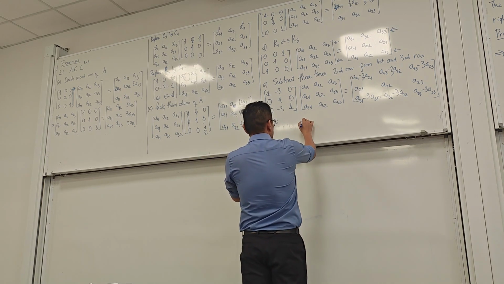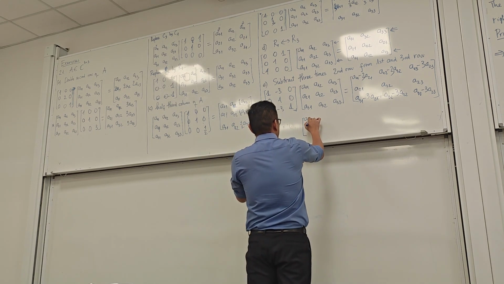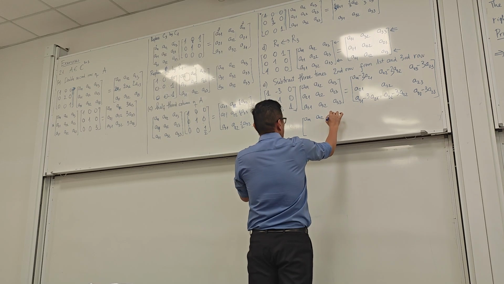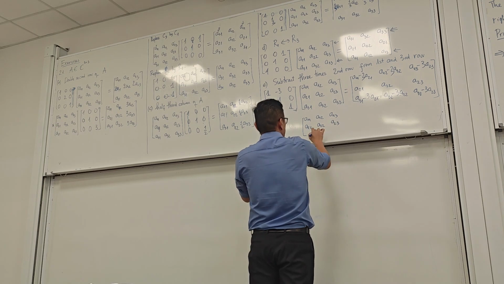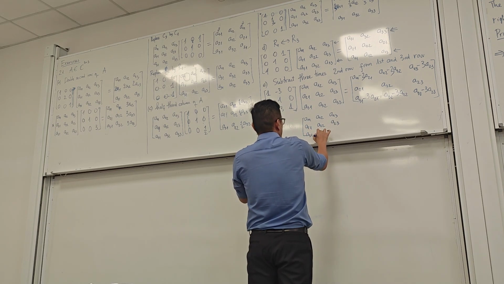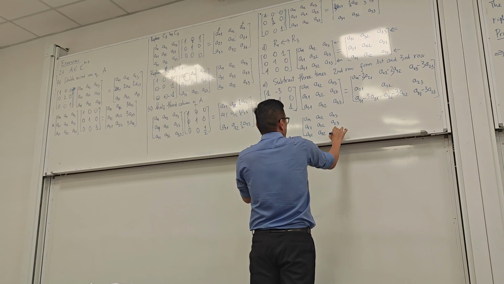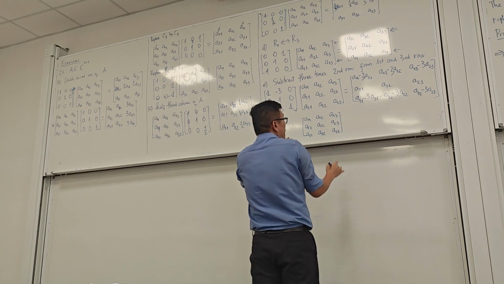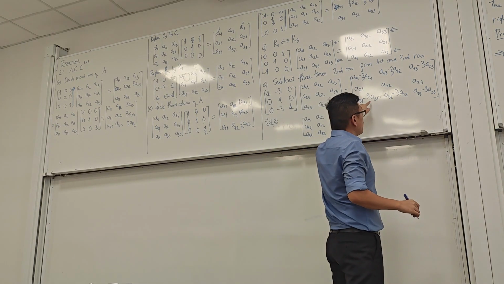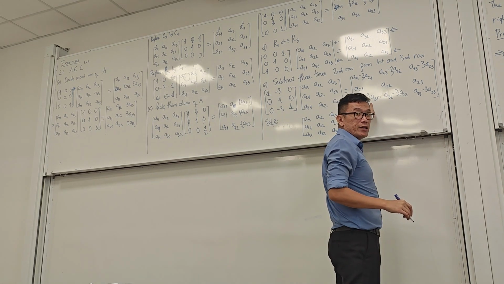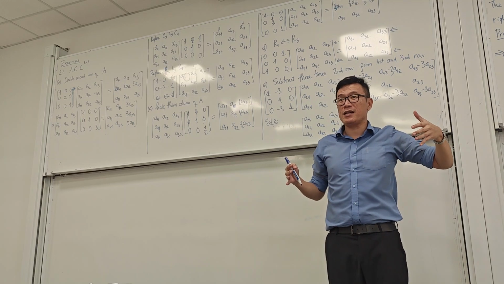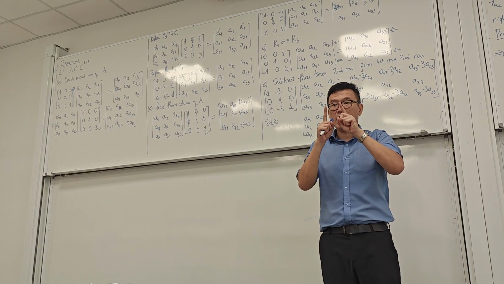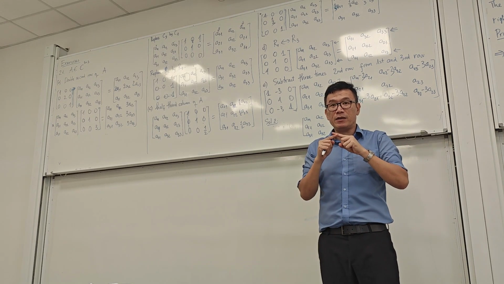So I have this matrix: A11, A12, A13, A21, A22, A23, A31, A32, A33. Because here I impact 2 different rows at the same time, it's too complicated. So I'm going to do it step by step and see what happens.